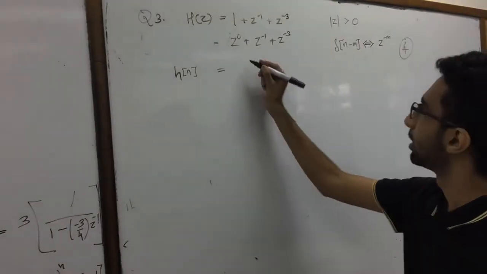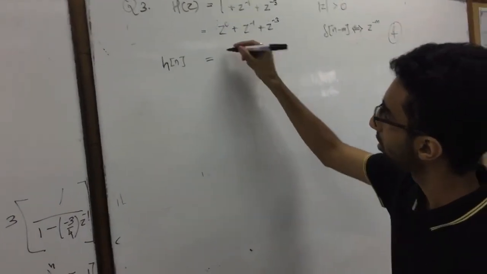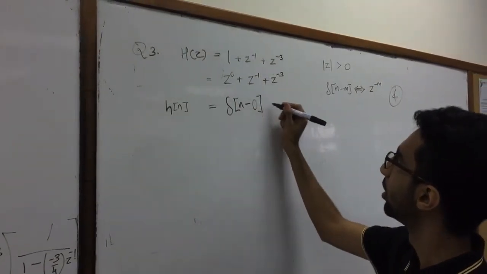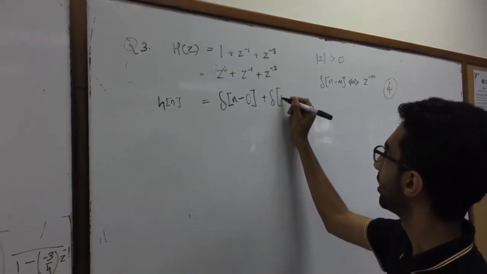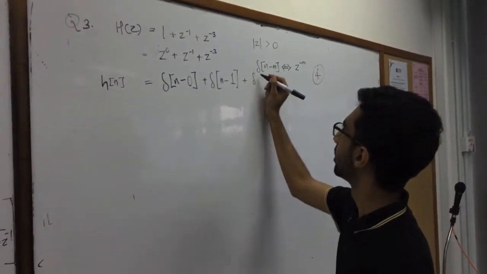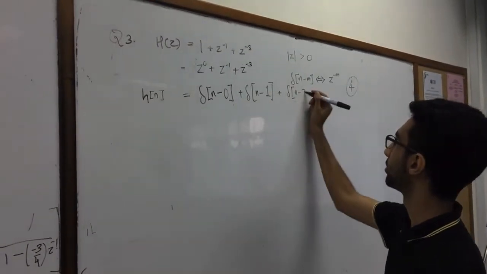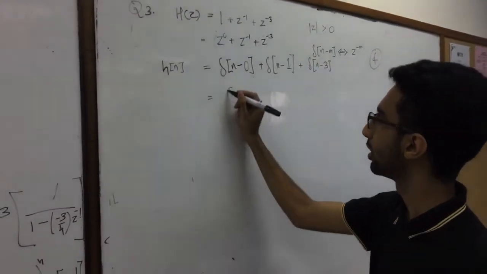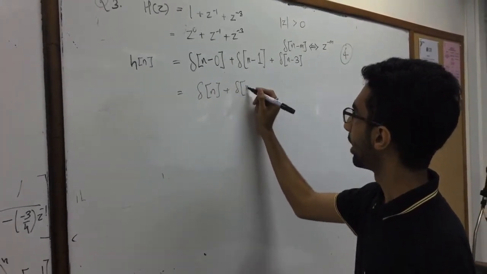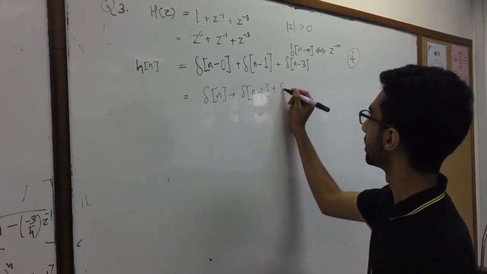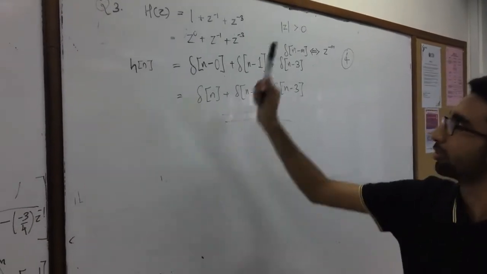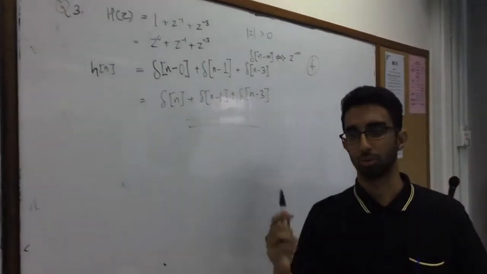So this is delta n minus the power over there 0, plus delta n minus the power over there 1, plus delta n minus the power over there 3. So this will equal delta of n plus delta of n minus 1 plus delta of n minus 3. So this is the inverse Z transform for this function. That's all from me. Thank you.